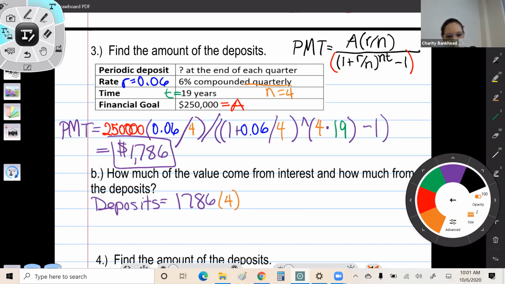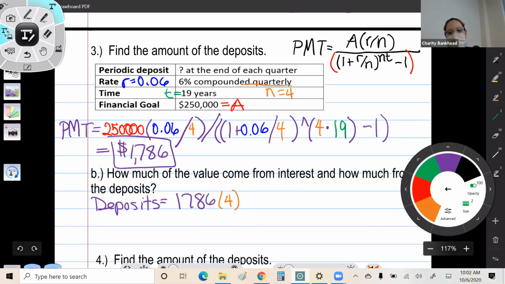So 1786 times 4 times 19. So that's 135,736. Okay. So that's how much you deposited.